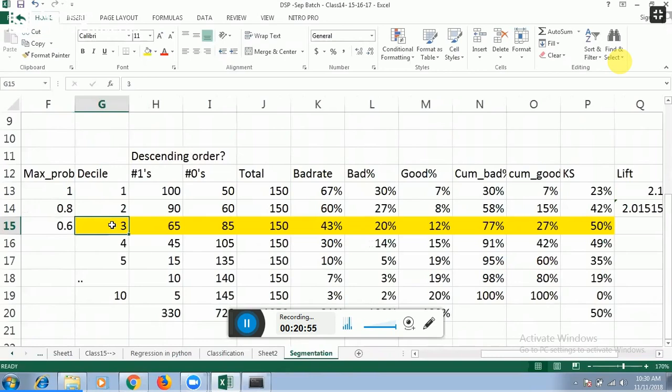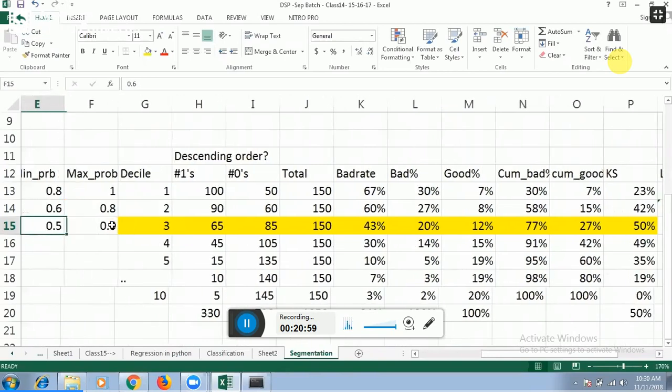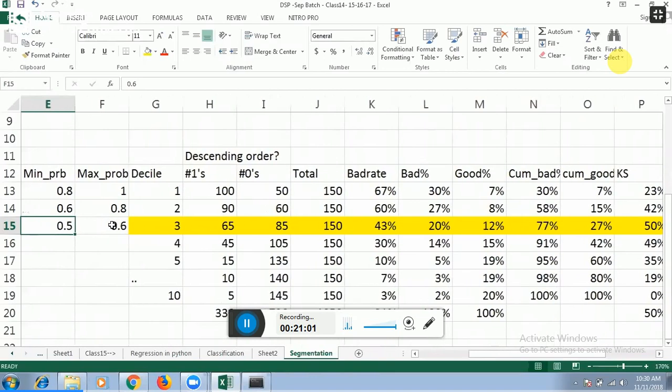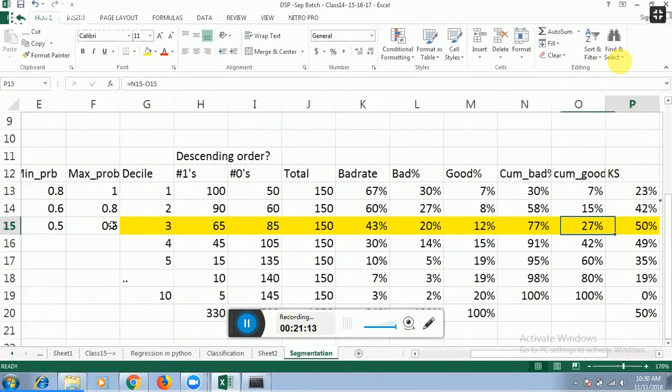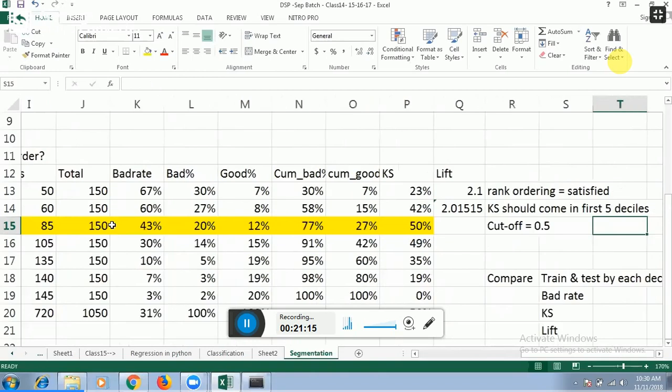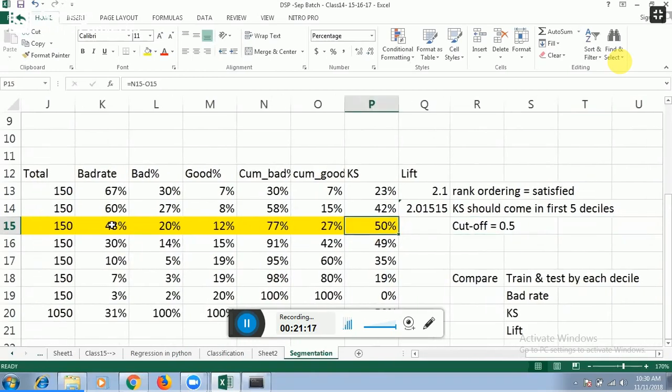So how did you get this decile? The decile you got is between 0.5 and 0.6 probability, I'm calling as decile 3. So 0.5 and above, I'm calling as bad customers, right? Yeah. So that's the reason I'm taking the cutoff as 0.5. The minimum probability of a decile where I'm getting the high KS value. Okay. Sure. Got it.